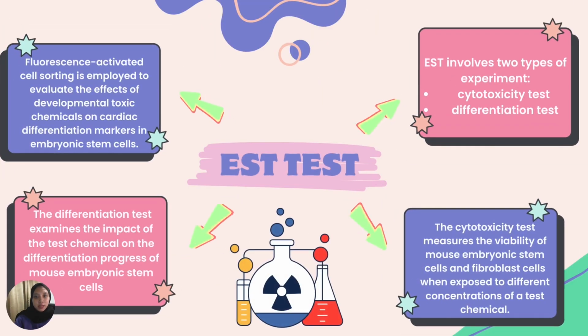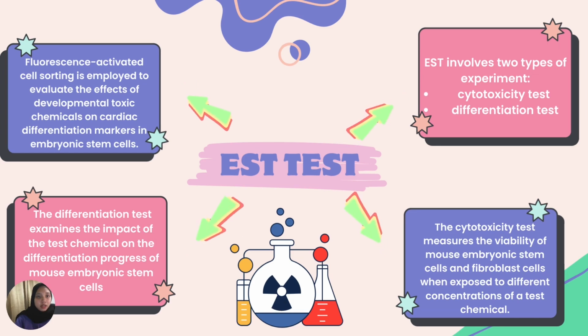EST involves two types of experiments, cytotoxicity test and differentiation test. The cytotoxicity test measures the viability of mouse embryonic stem cells and fibroblast cells when exposed to different concentrations of a test chemical. The differentiation test examines the impact of the test chemical on the differentiation progress of mouse embryonic stem cells.